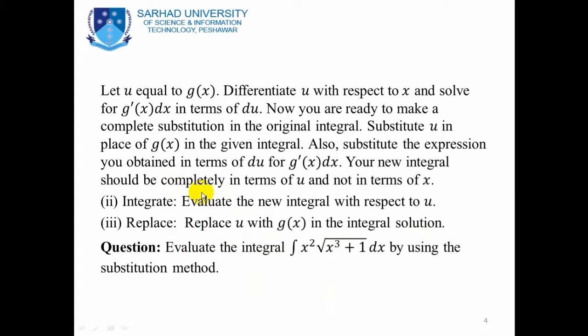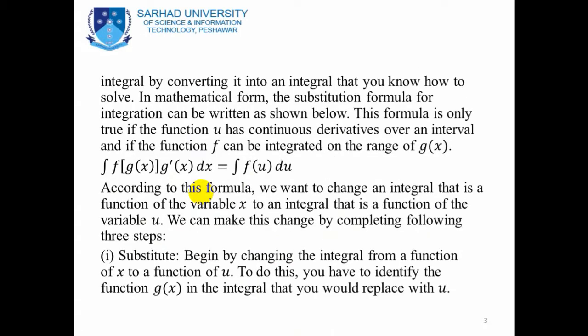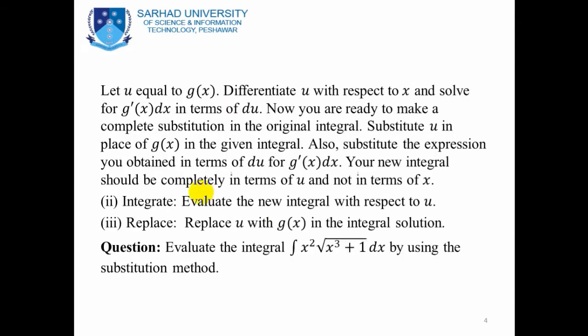So how can we evaluate an integral by using the substitution method? There are three steps. First of all, change the integral from one function of x to another function of u, and then differentiate the function. For example, if you have function g of x, then differentiate the function, and after differentiation you will obtain another operator du. It means to replace dx by du, and you will get a new integral in terms of u.